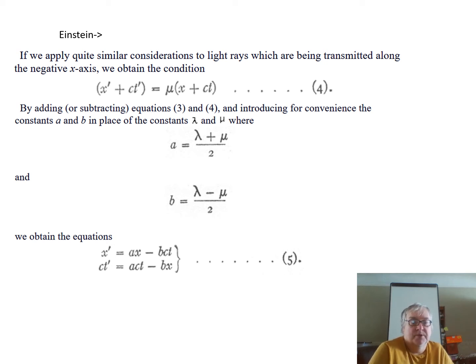By adding or subtracting equations 3 and 4 and introducing for convenience the constants a and b in the places of the constants lambda and mu, he then gets the following equations, which he labels his equations 5.